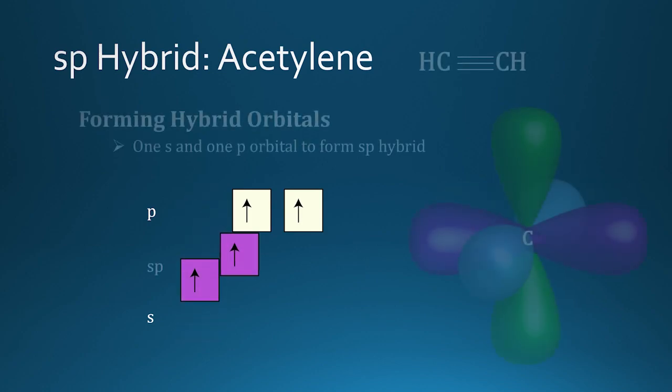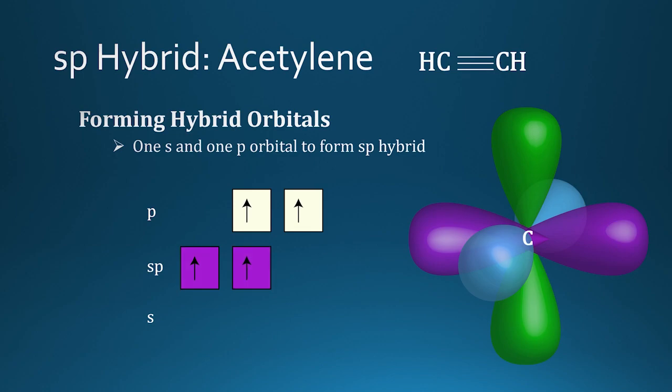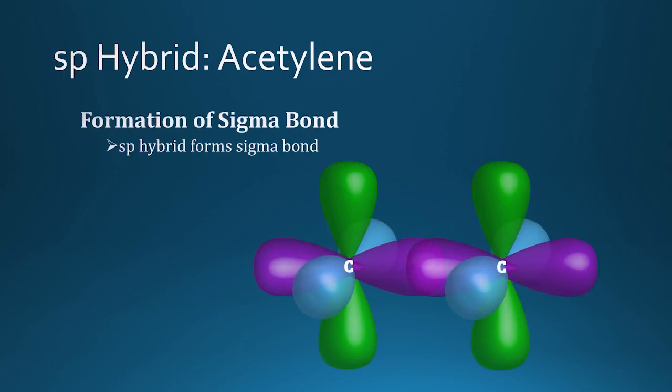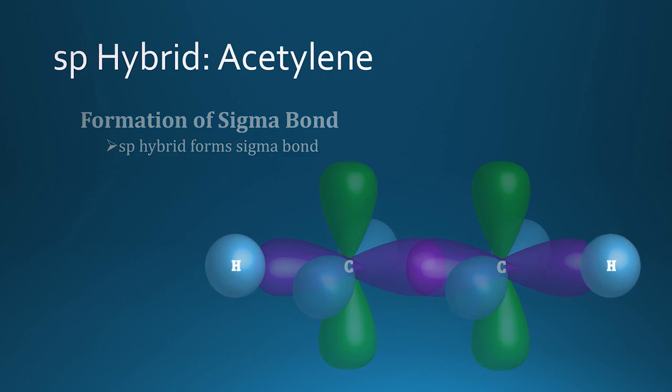Then, the 2s orbital and one of the three 2p orbitals are combined to make sp hybrid orbitals. Let's bring in another carbon to make the complete molecule. The two carbon atoms with enhanced electron density are in close approximation and thus form a sigma bond. On the opposite sides, the hydrogens form sigma bonds too.